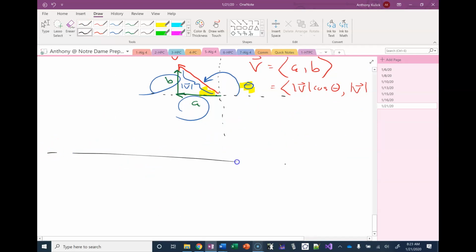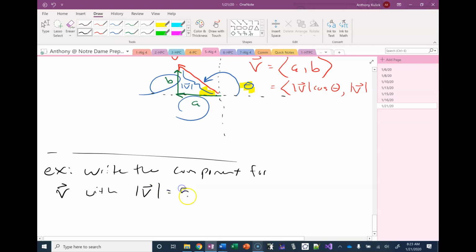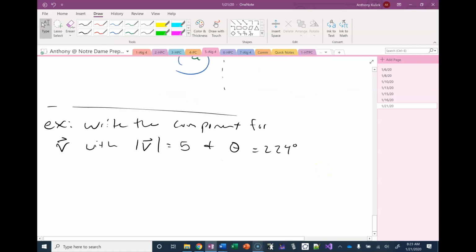So let's look at a quick example here. Let's write the component form for vector v with the magnitude of v being 5 and the direction being 224 degrees.